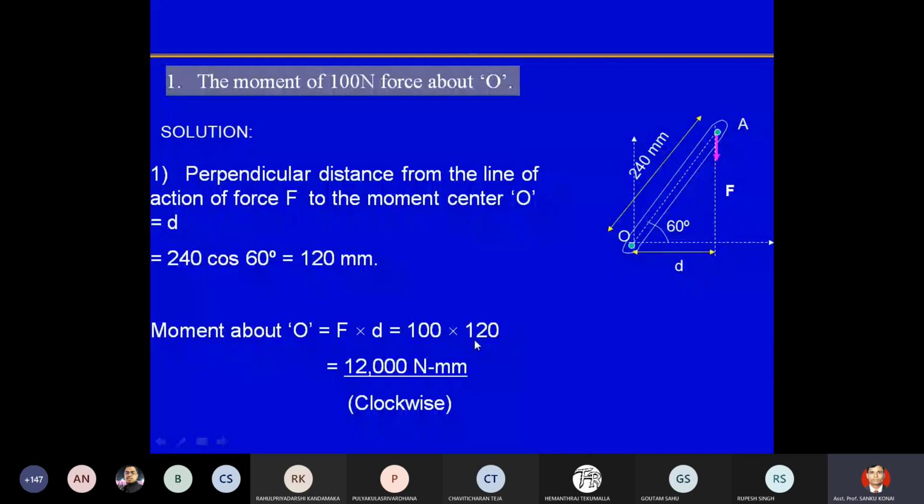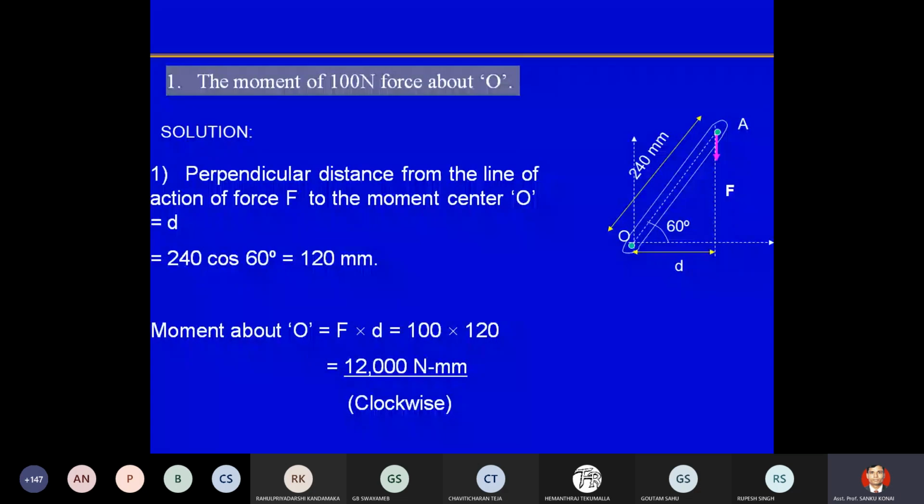Sir, please minimize the screen. Minimize? The slide. Why? Sir, before 240 cos 60 degree, it is not visible. That's why. If I minimize, what will happen?